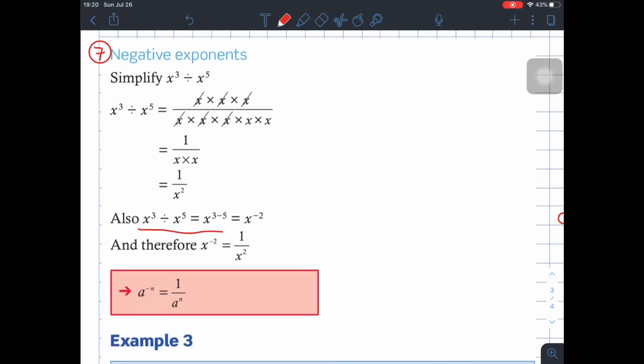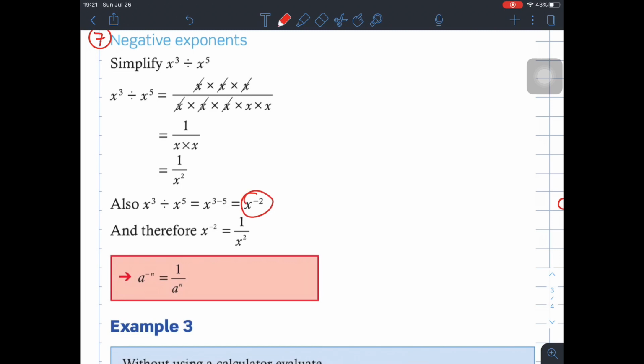Also, from the, I think it was the second property, we know that x cubed divided by x to the power of 5 is the same as x to the power of 3 minus 5, which is equal to x to the power of negative 2. That means that x to the power of negative 2 must be equal to 1 over x squared.